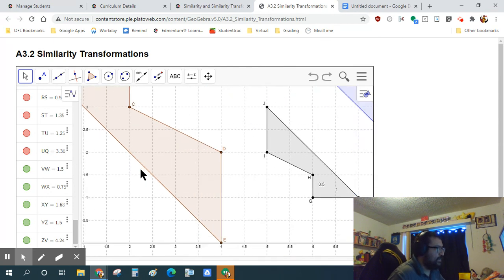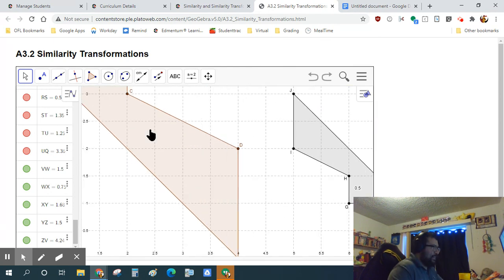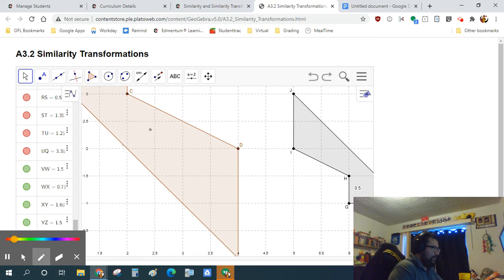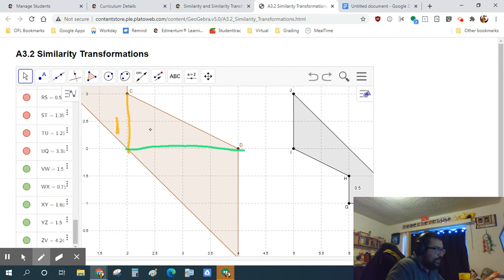So if I zoom in, I see that going from here to here, I'm going from 3, so this is a 1. And then looking at my run, I'm going from here to there. So I'm going from this 2 to 4. So this is a 2.